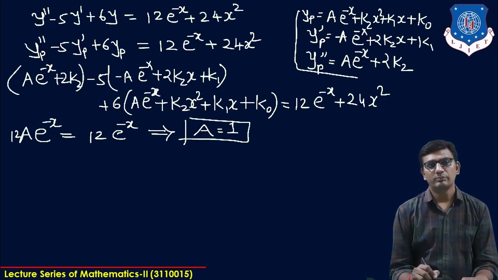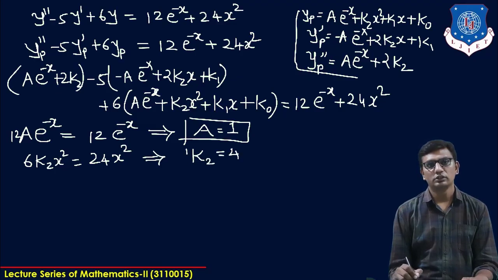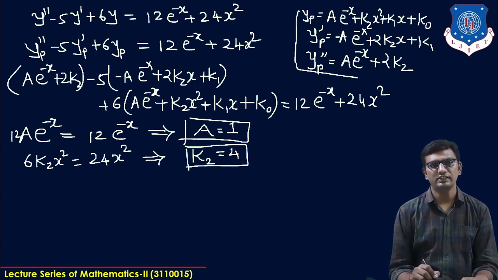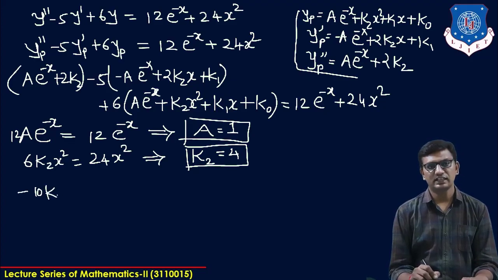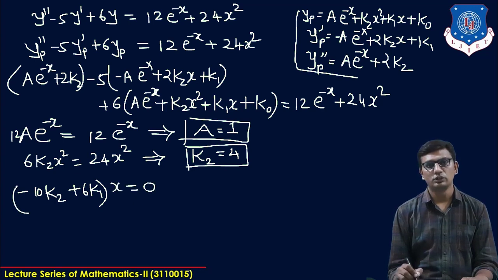Now compare the coefficient of x square, then 6k2 x square equal to 24x square. So after cancelling x square, we get k2 equal to 4. Now we compare the coefficient of x, but the coefficient of x is not present on the right hand side, so compare with 0. Here the coefficient of x is minus 10k2 plus 6k1 times x equal to 0x.